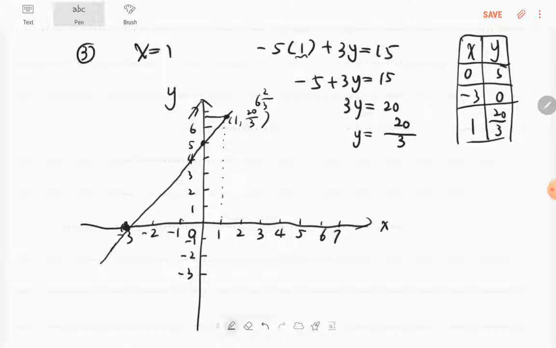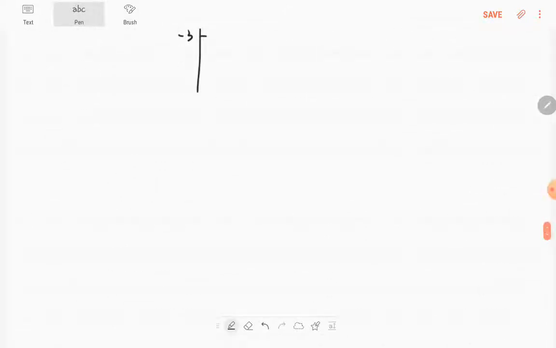So we can also find the values just like this one.